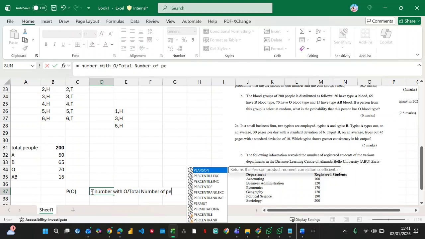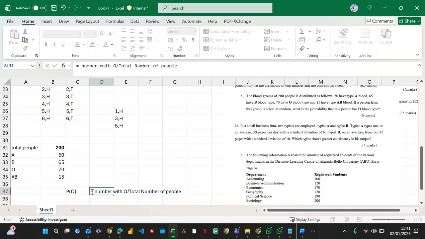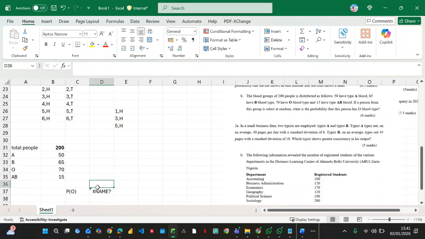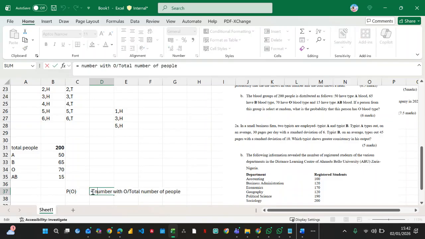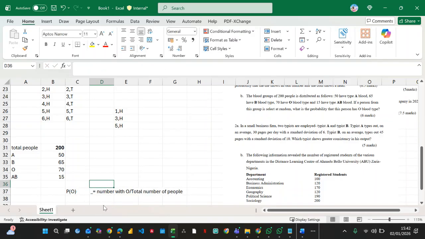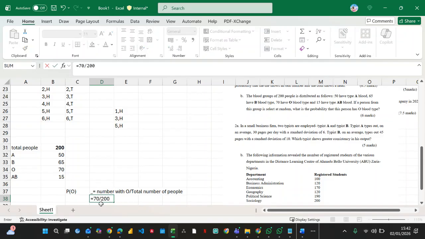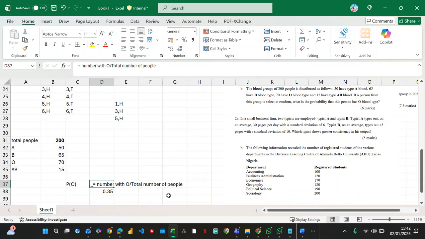equals to, let me write the formula, the number with O divided by the total number of people. So in simple terms, this formula will not work, let me just put an underscore so that you know that it's equals to.